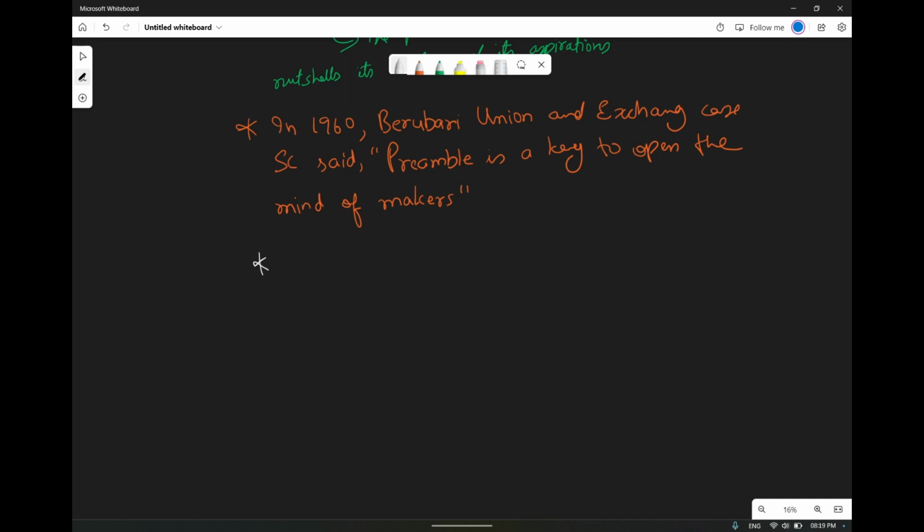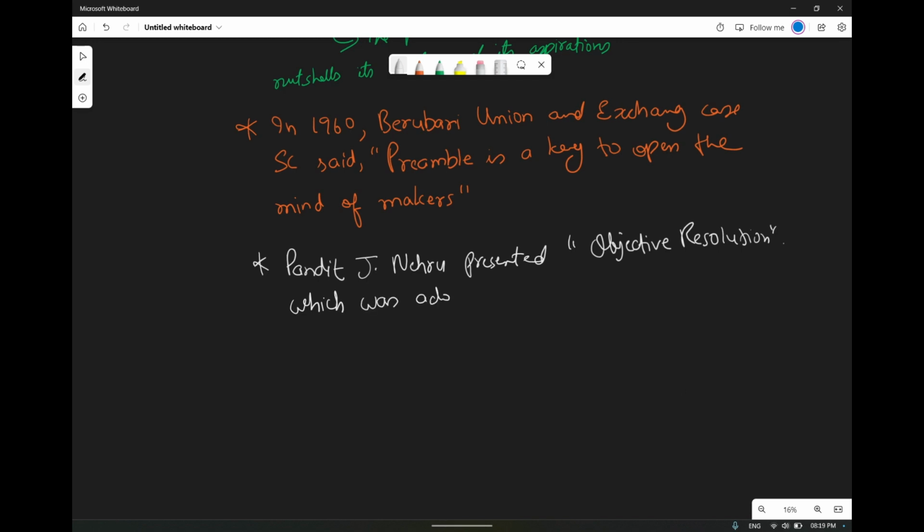Okay, third important thing: Pandit Jawaharlal Nehru presented the objective resolution, which was adopted by the Constituent Assembly on January 22, 1947, and the preamble is based on this objective resolution.